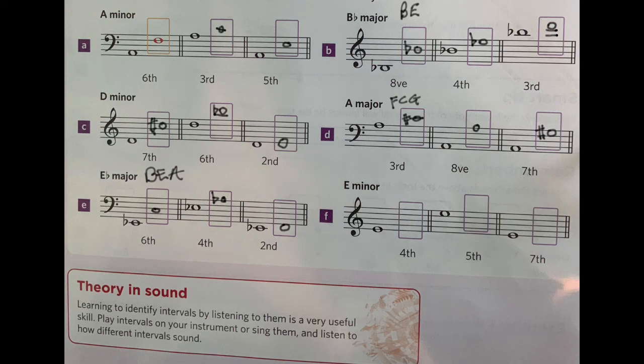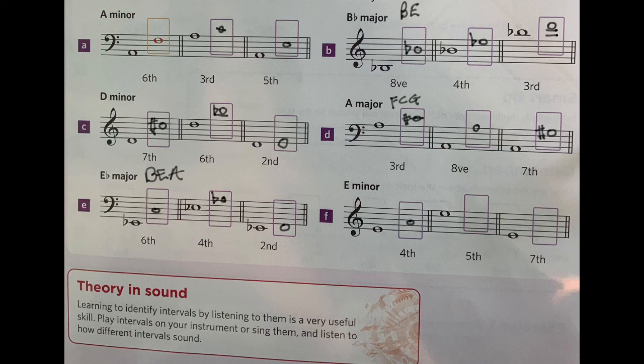On this one, we're working in E minor, and it's treble clef. And so E, F, G, A is a 4th, and it doesn't require any accidentals.